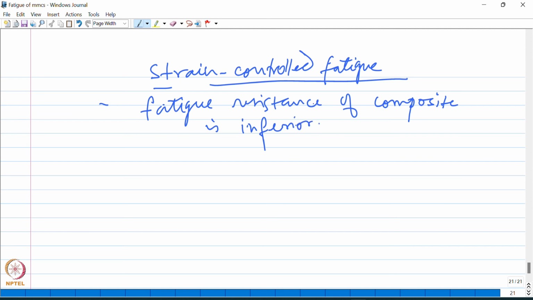In case of strain controlled fatigue, we considered two cases. One is total strain controlled fatigue.